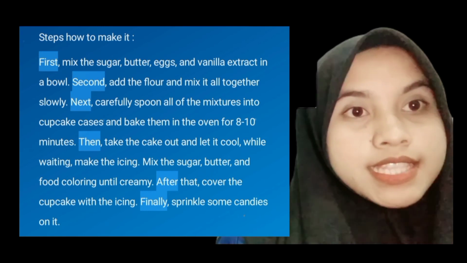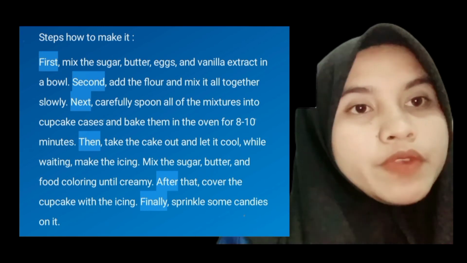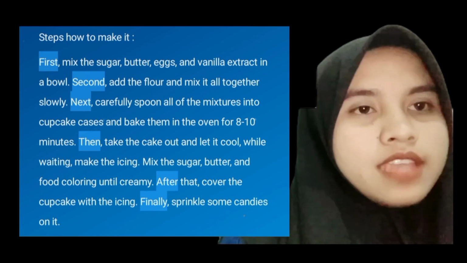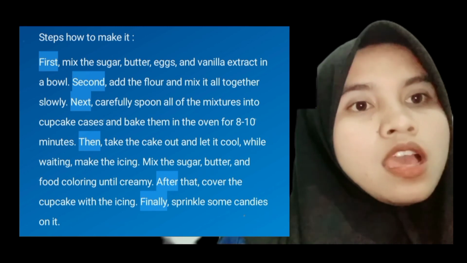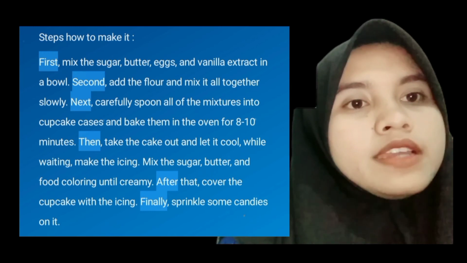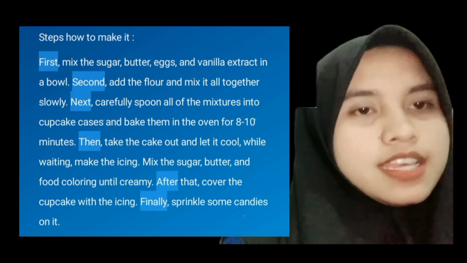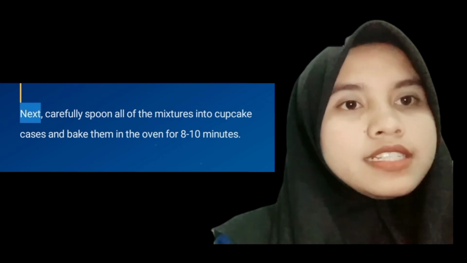Now, in this step, we can use our reading skill. There is scanning. We can scan the text and find how long, so we can find the time this cake will be baked. From the text we know that the time is 8 until 10 minutes.